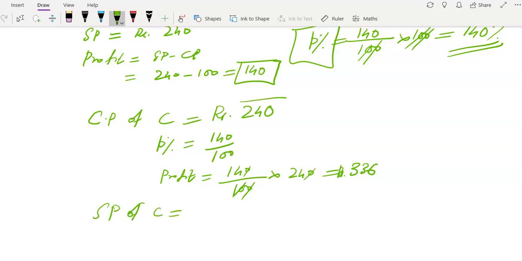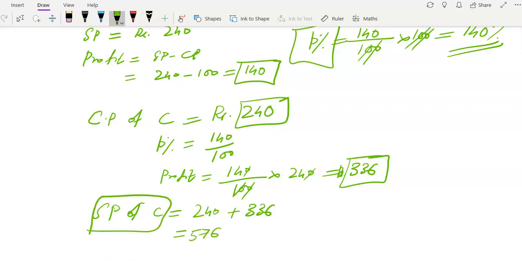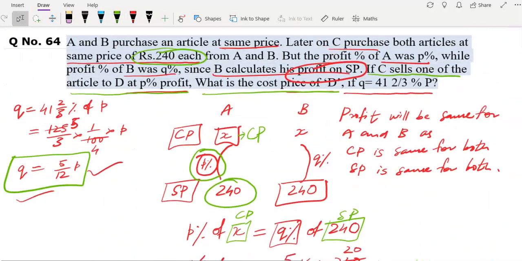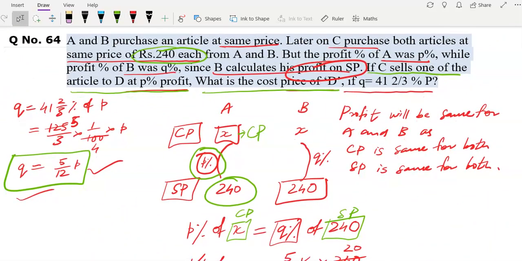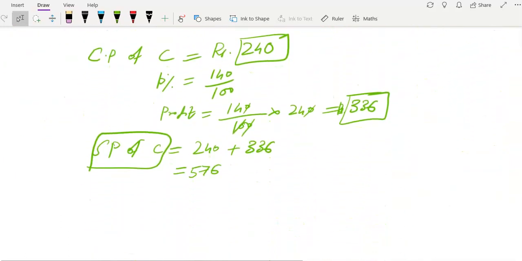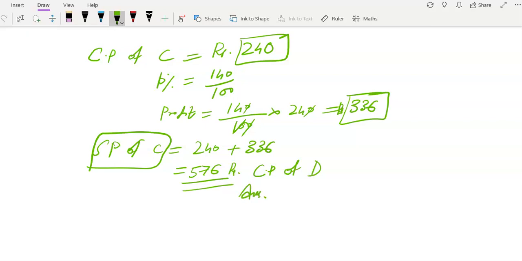Selling price of C will be CP 240 plus 336 is the profit. This will be 576. So selling price of C will be the cost price of D, because C is selling it to D. C sells one of the articles to D at P% profit. So selling price of C is equal to cost price of D. So rupees 576 is our answer.